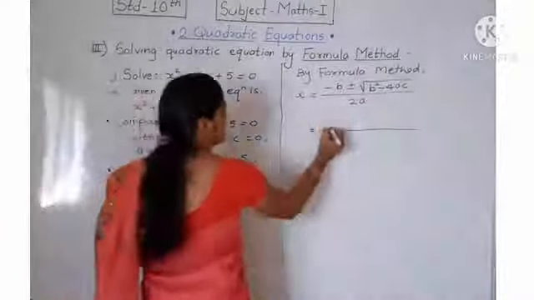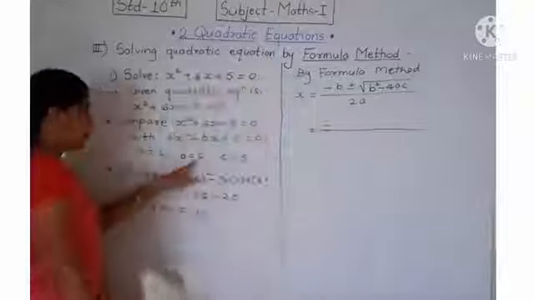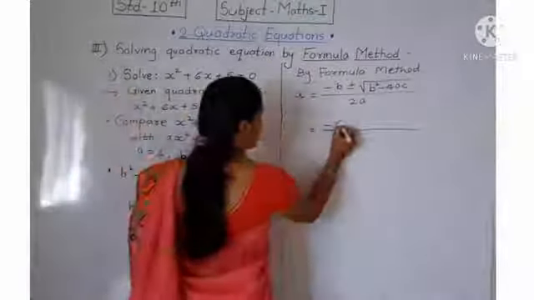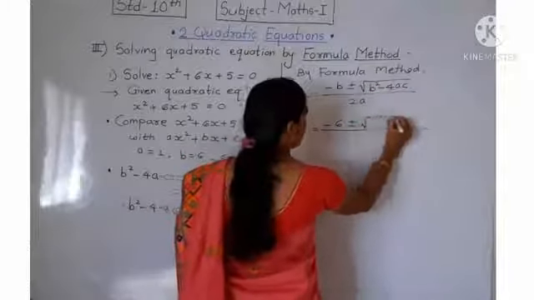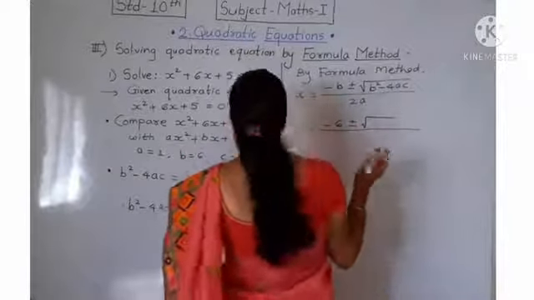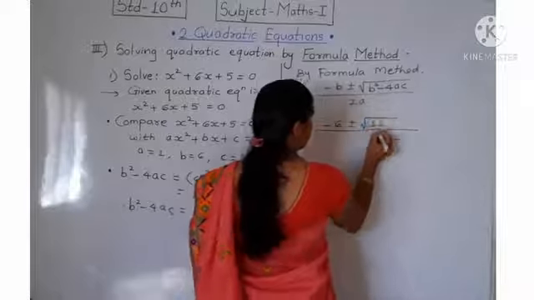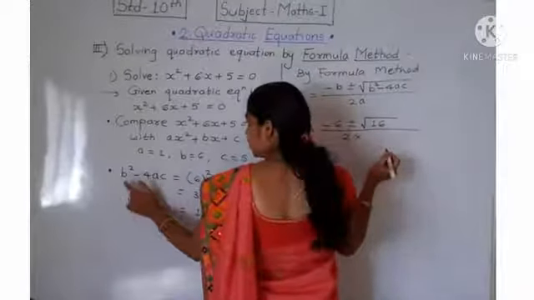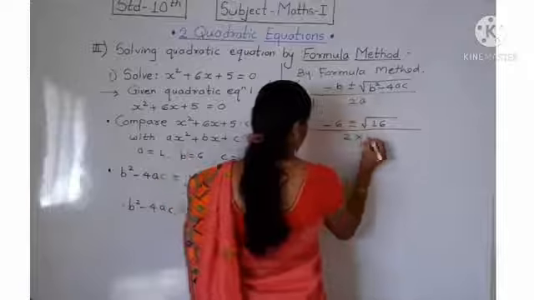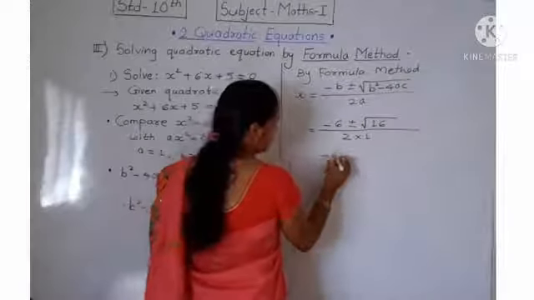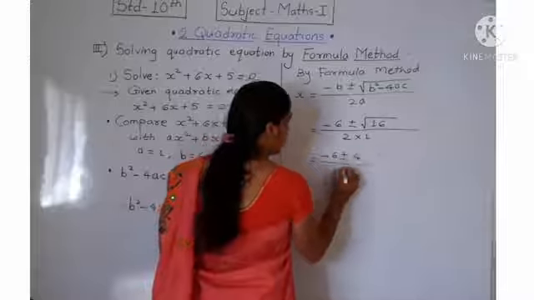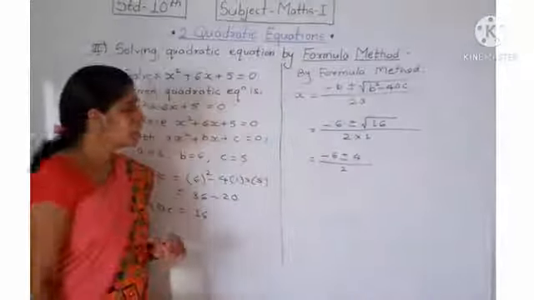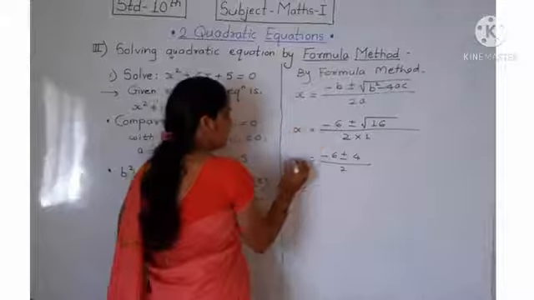First there is the minus sign, then the value of b, 6, plus or minus root b square minus 4ac, whose value is 16, upon 2 into the value of a, which is 1. So minus 6 plus or minus the square root of 16, which is 4, upon 2. This is the value of x.